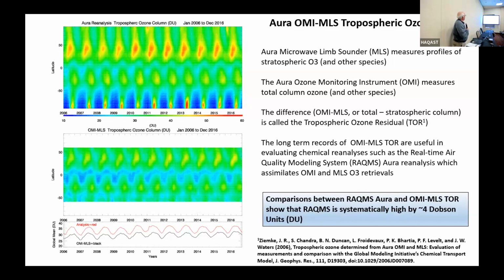What we get though with this Aura OMI minus MLS TOR, tropospheric ozone residual, is the long-term record of these tropospheric ozone columns, which are great for evaluating against models. In this case, I'm showing comparisons between a 10-year chemical reanalysis that we did using our RACMS model and a simulation of OMI and MLS data with this OMI minus MLS TOR.